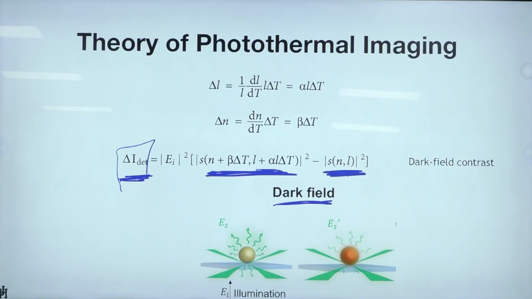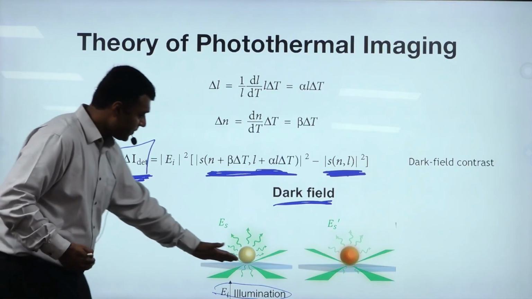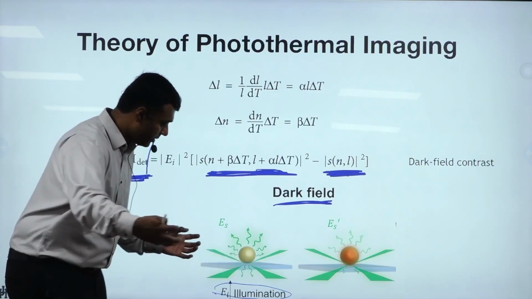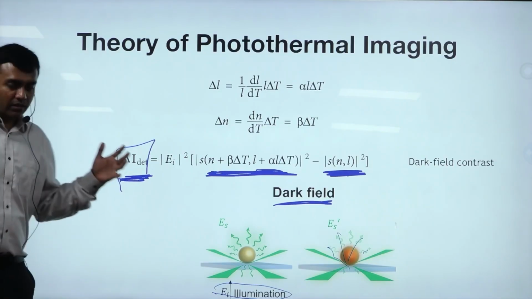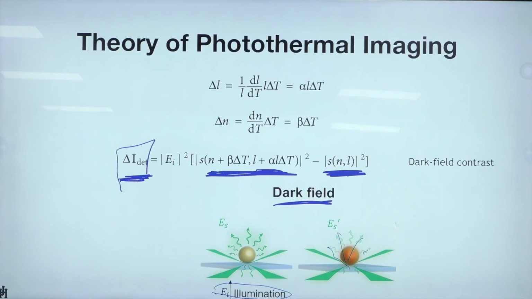Light is illuminated from a cone, from different directions, and what you measure is the change in the scattering properties of light. As you know, light scatters in all different directions. You have light incident only from some directions, and from other directions you measure the scattered light.